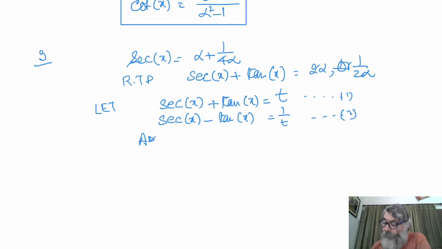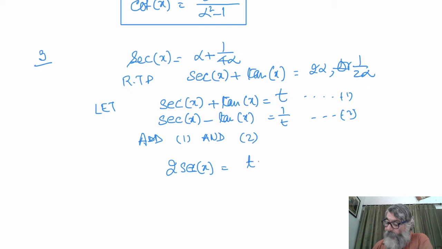Add 1 and 2. If I add 1 and 2, 10x minus 10x will cancel. You'll get 2 sec x equal to t plus 1 upon t, or t square plus 1 upon t, so sec x will be t square plus 1 upon 2t.